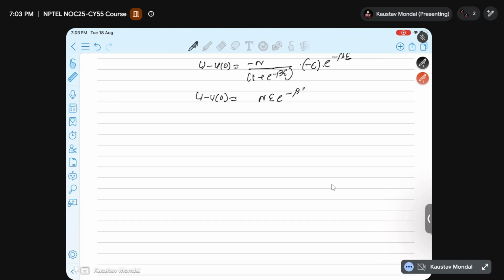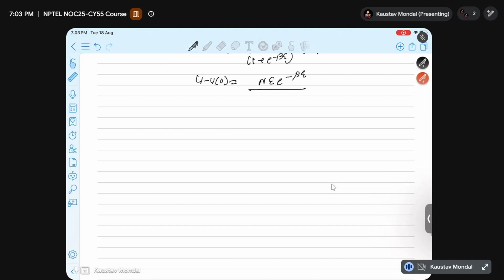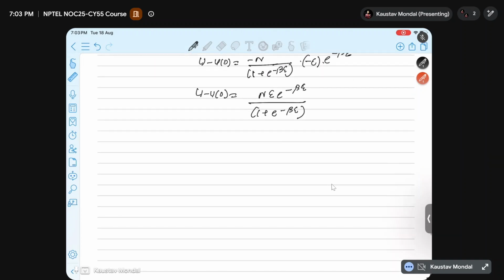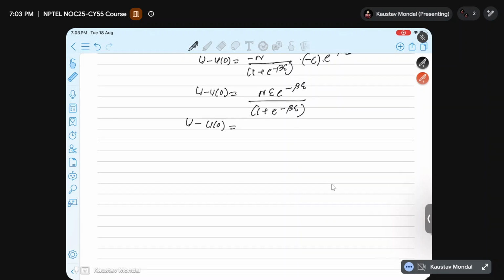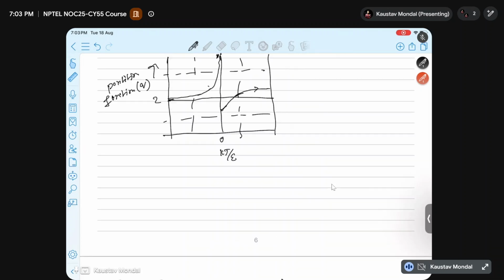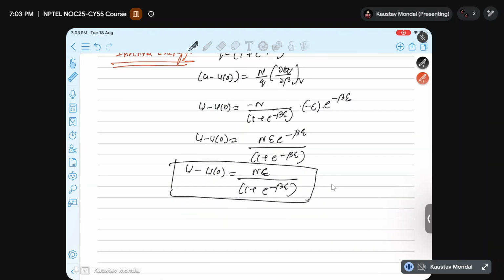Then minus minus will become plus, so 1 plus e to the power minus beta e. We can multiply e to the power minus beta e in numerator and denominator, so it will become Ne divided by 1 plus e to the power minus beta e. This is the expression of the internal energy. So we got the expression for the internal energy for the two-level system.